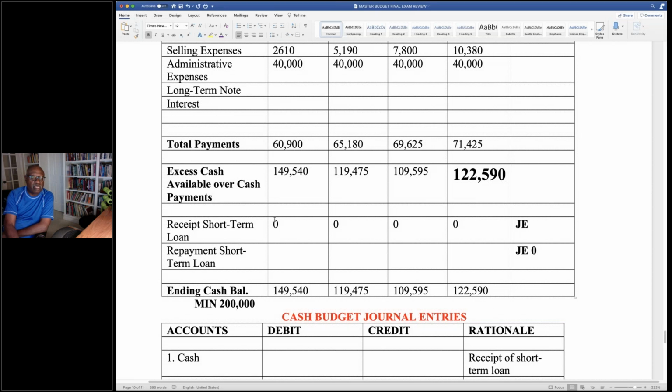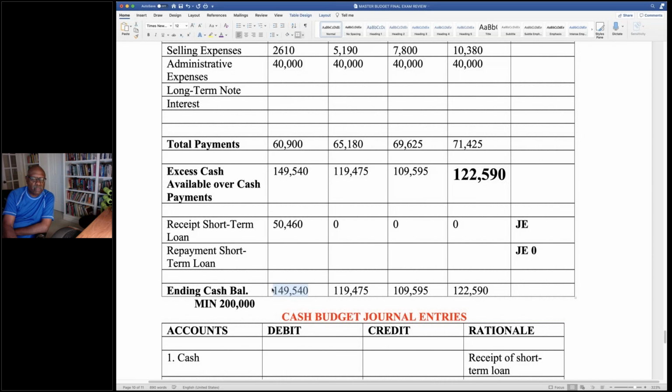So what would be the case in the first quarter? Professor Boyd, will we need 50,460? 50,460. We need that. We add those two together.